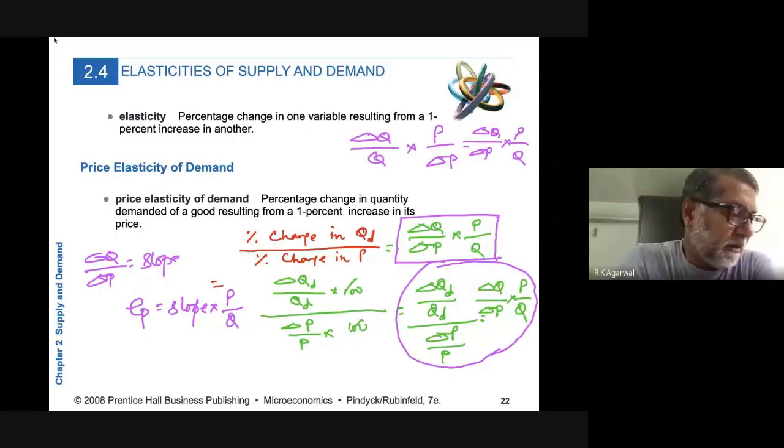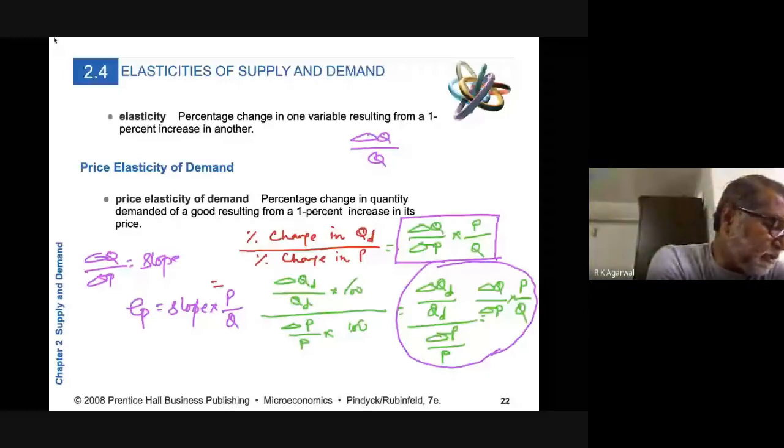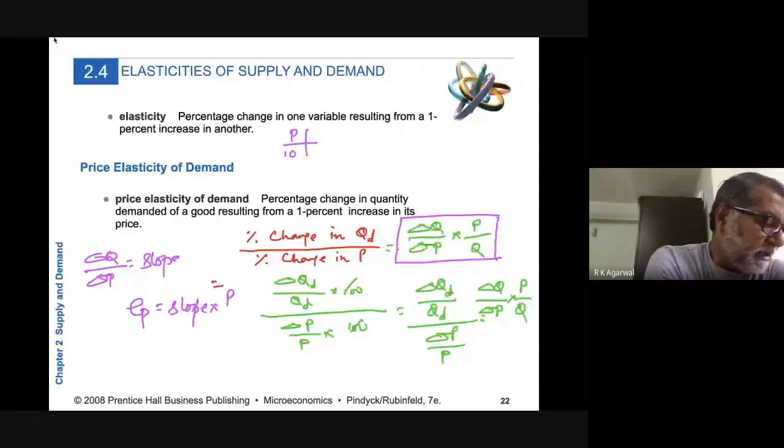All right. Now, if you have understood this, let's take a very simple numerical example. Say originally P is 10, then it goes on to become 12.